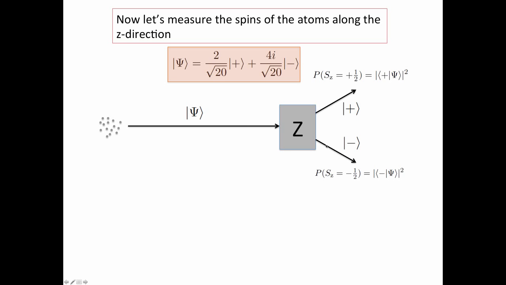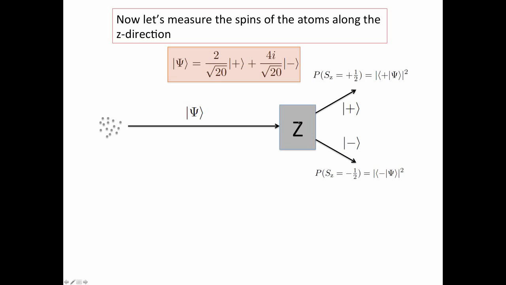So we can schematically represent the experiment here. You have a beam of silver atoms coming along. It passes through this grey box here, which represents the Stern-Gerlach apparatus for measuring the spin along the z direction. And so what we know will happen is that this beam of atoms will separate into 2 different beams, one with spin up along the z-axis, represented by the quantum state plus, and another beam of atoms with spin down along the z-axis, represented by the quantum state minus.